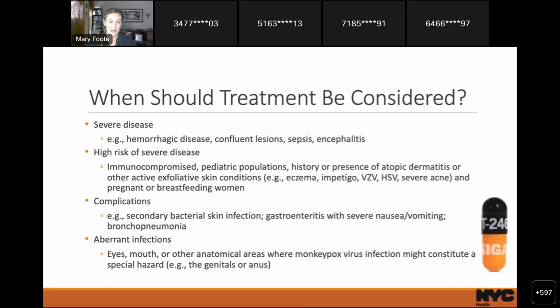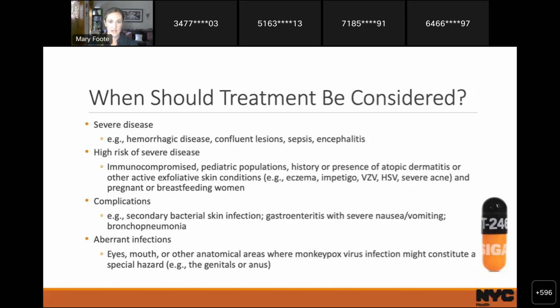And then aberrant infections, we call them, so places where, just due to where the lesions are, there might be down-the-road complications such as conjunctivitis, eye involvement, really severe anogenital lesions that could place risk for scarring or strictures. We would want to be more proactive in treating those patients as well. Severe pain and proctitis have been other things that we're seeing more, and we have certainly treated patients for that as well.